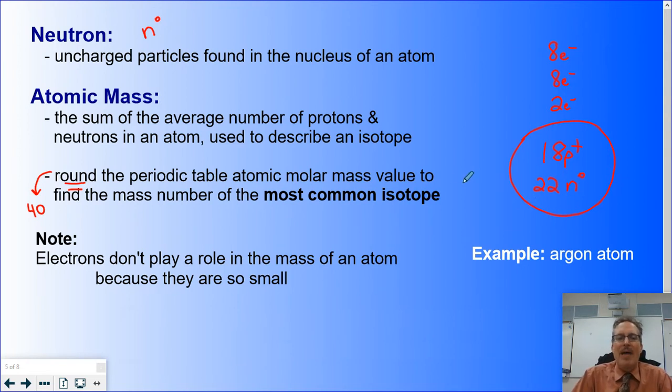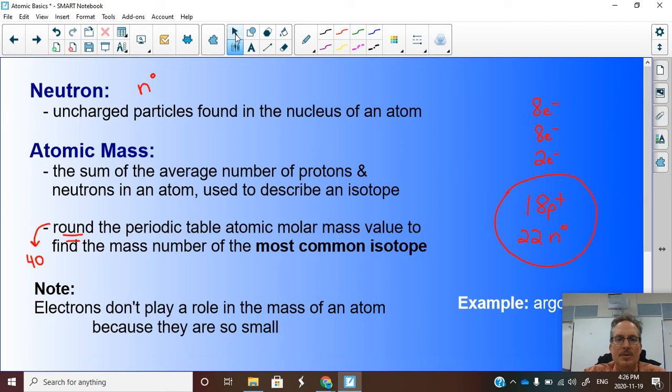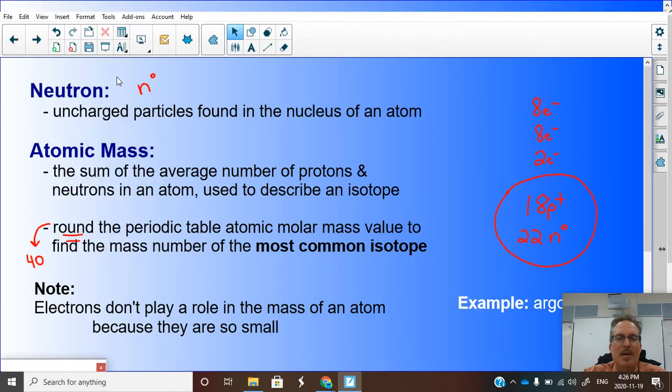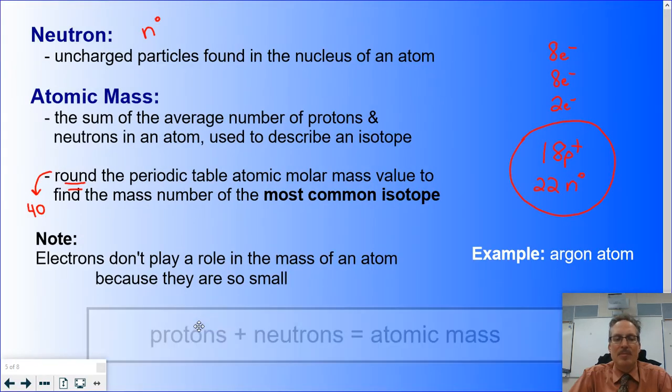When we're looking at the mass over here, the 40 or the 39.95, I'd like to point out that electrons play no role in that mass because electrons are so small, we almost consider them inconsequential. So what I'm going to do is I had another rule in a box, and remember, boxes in my class means you memorize.